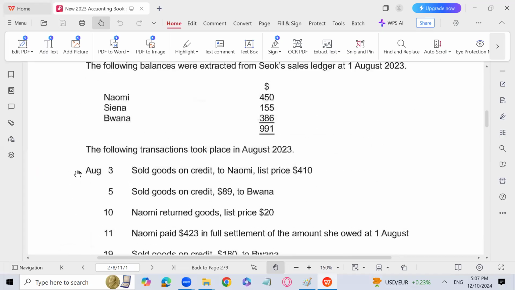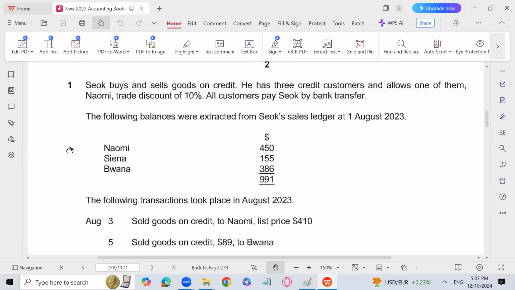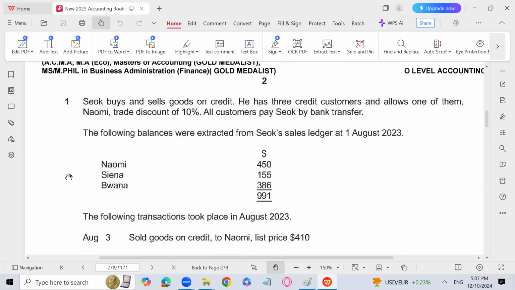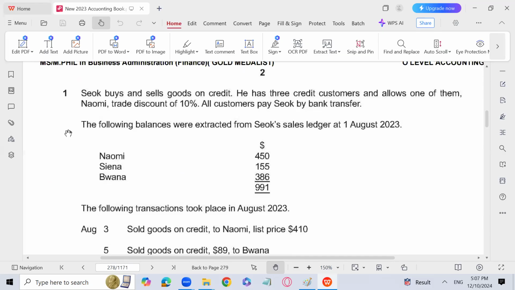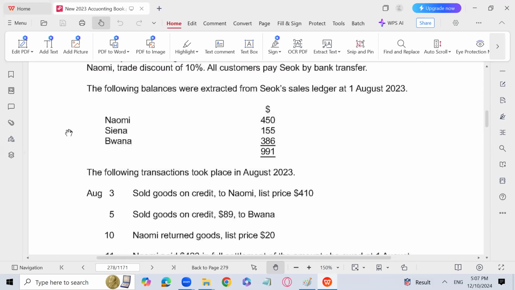So let's start. SEC buys and sells goods on credit. He has 3 credit customers and allows one of them, Naomi, a trade discount of 10%. All customers pay SEC by bank transfer. The following balances were extracted from SEC's sales ledger at 1st August 2023: Naomi 450, Sina 155, Bhavana 386.